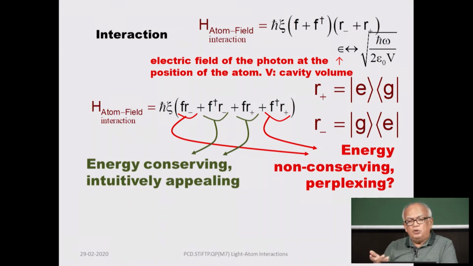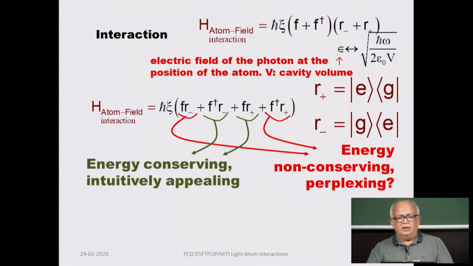But if you look at the other 2 terms, the F dagger R plus, what are you doing? You are raising the atomic system and you are also creating a photon. And look at the first term, which is also underscored by the red arc, which is F R minus. You are destroying a photon and you are also lowering the state of the atomic system, R minus.